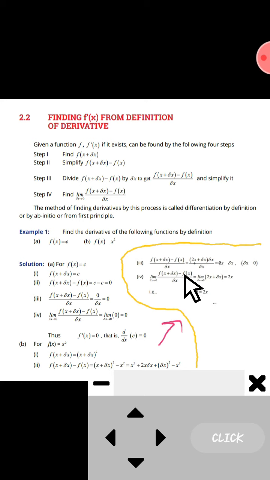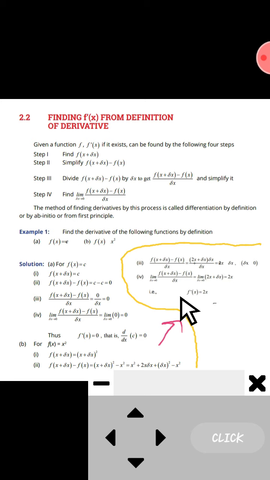According to step 3, we have to divide the function by delta x, so we have done as directed. Delta x and delta x will cancel. We will get 2x plus delta x.